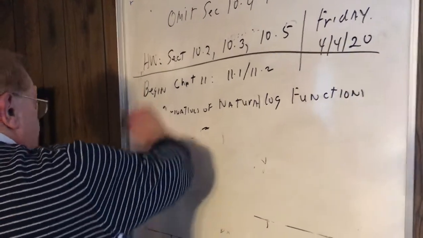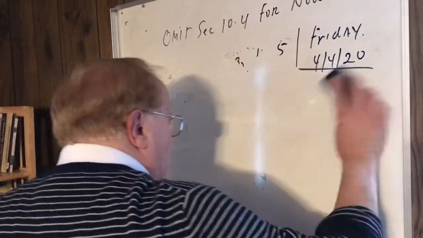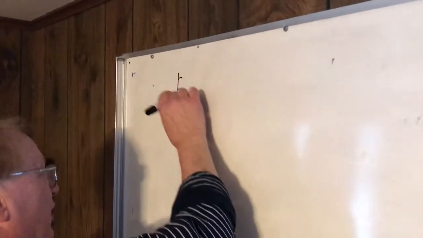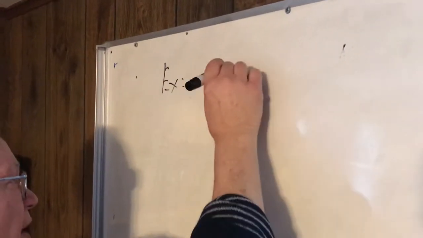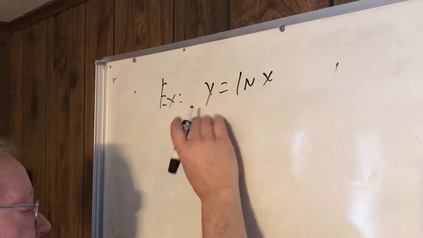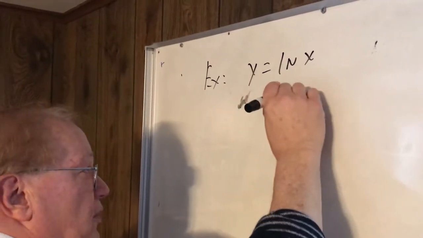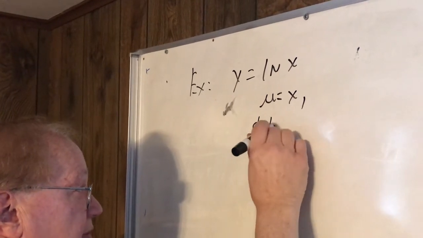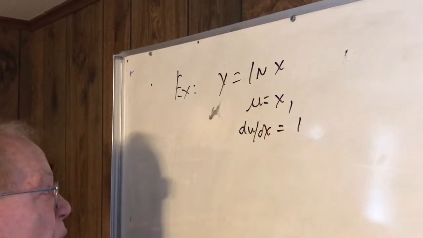I did not go into log details because you had covered this in QBUS-100. What we're interested in is differentiating. So let's take the simplest example, y equals log of x. In this case, u equals x, du dx equals 1.